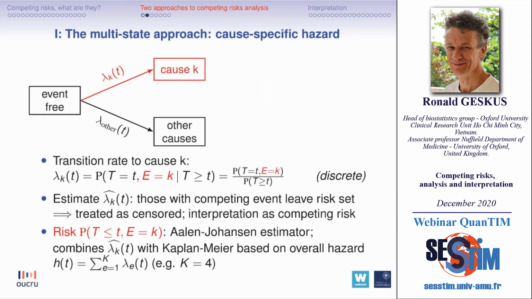And for each of those 4 causes, you can define the cause-specific mortality or the cause-specific hazard. And if you add those cause-specific hazards, then you end up with the overall hazard. Because basically dying is dying of something. So if you sum all the causes of death, you end up with the overall death.